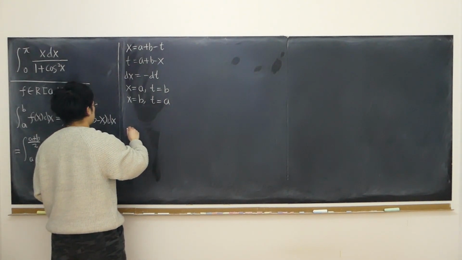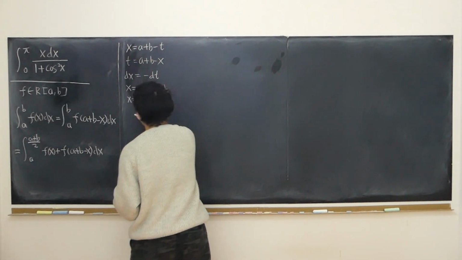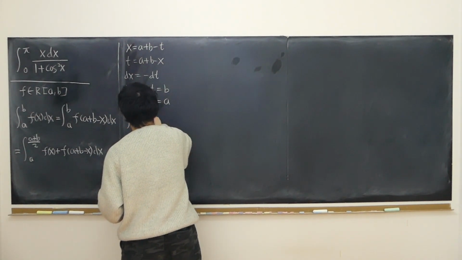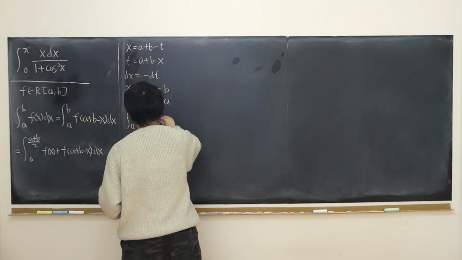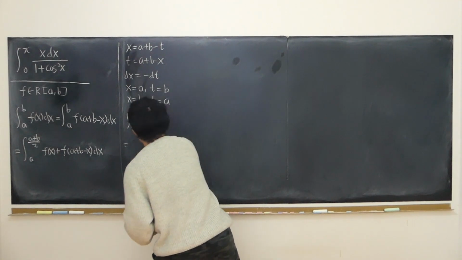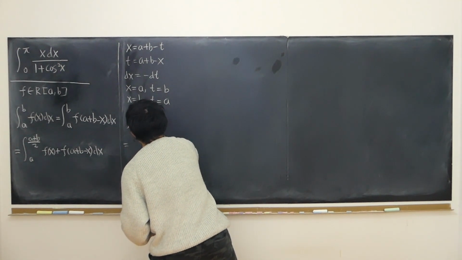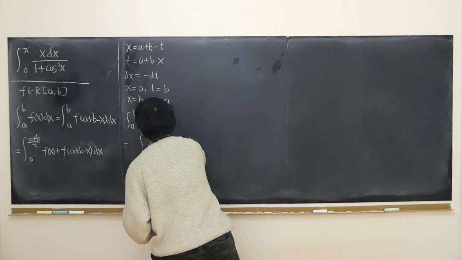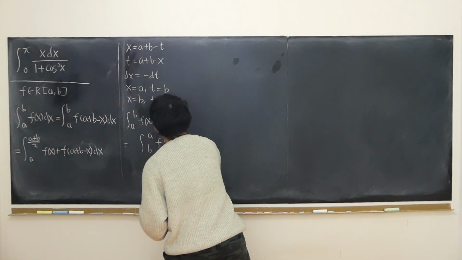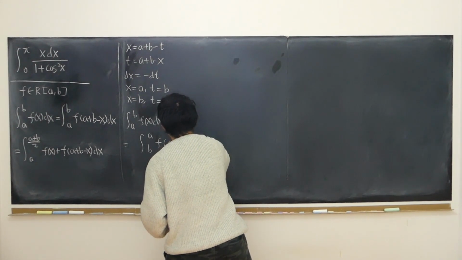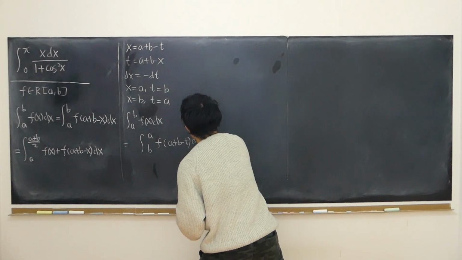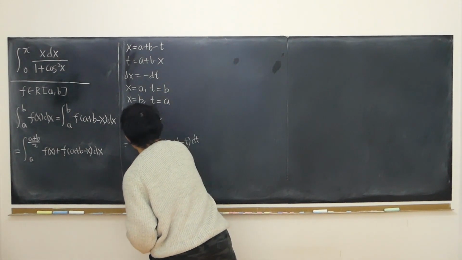So therefore, I can now turn my original integral from a to b of f of x dx into the integral from b to a of f of a plus b minus t, then dt, we have a minus sign out here.